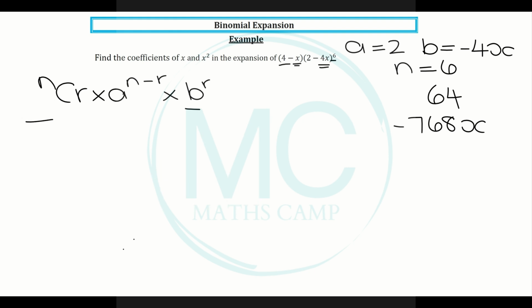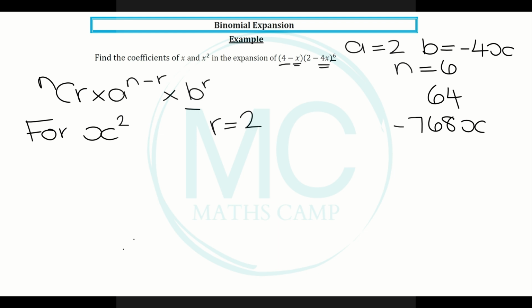So I can say 4, the x squared term. In this expansion, when we looked for the constant, our r value was 0. When we looked for our x term, our r value was 1. So we can see that for the squared term, r will be equal to 2.